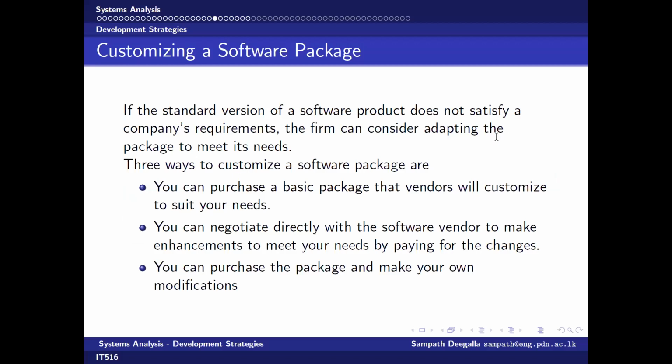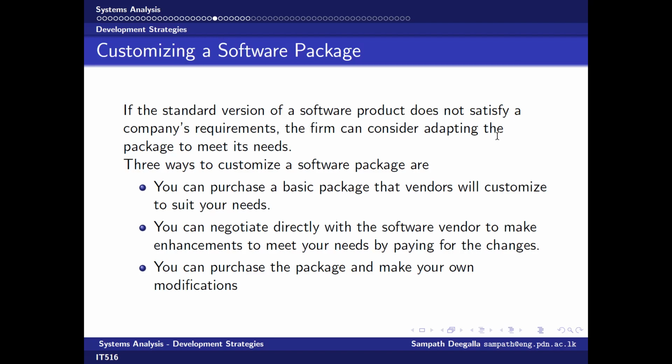Right. So let's look at the customization, customizing software packages. Now, when you look at the standard version of a software product, the standard version will not satisfy what is required by the organization. So what we have to do is adapt the package to meet the needs.